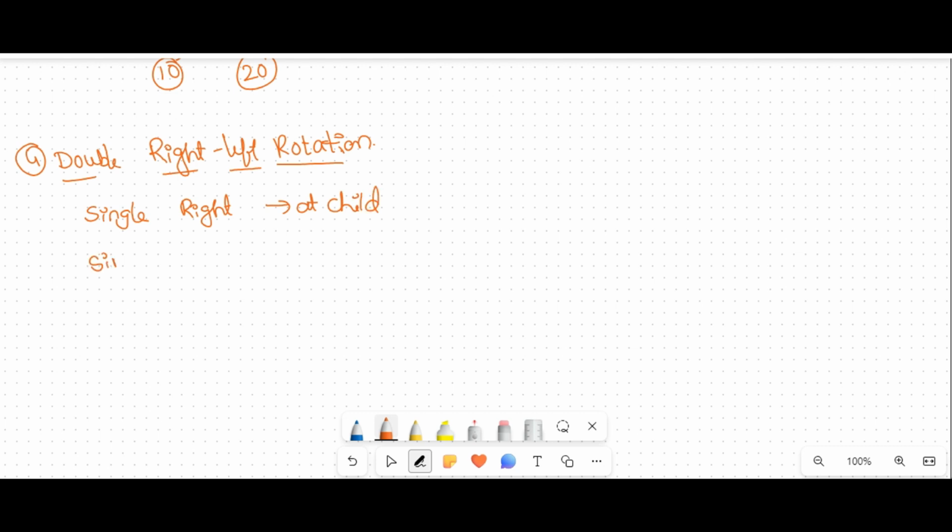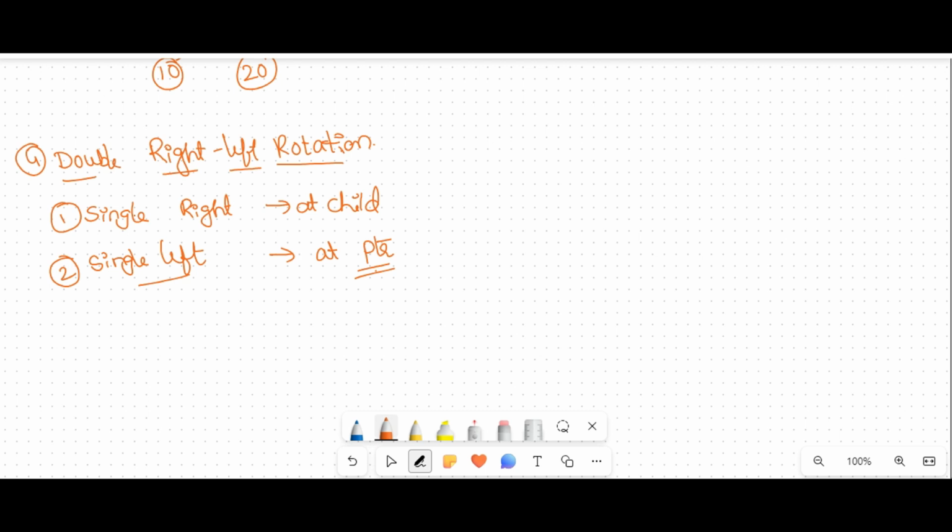And then apply single left rotation at the node where the property failed. That node we are assuming as PTR. So at PTR apply single left rotation. First apply single right rotation, and for the resultant tree, apply single left rotation.